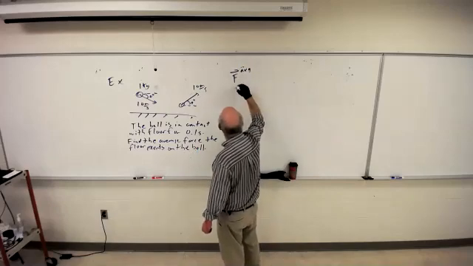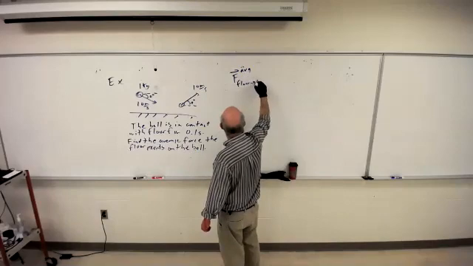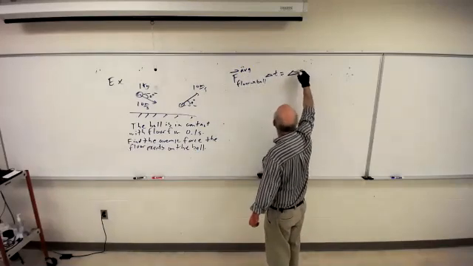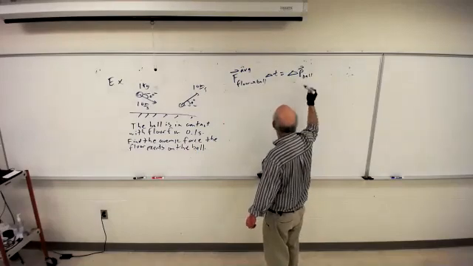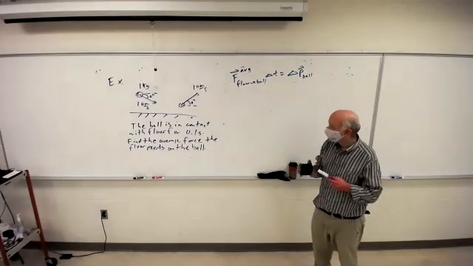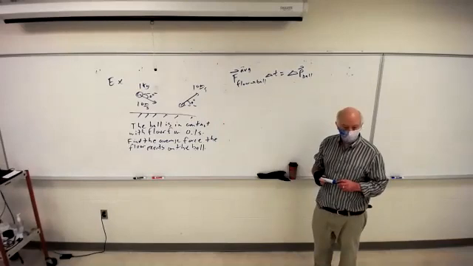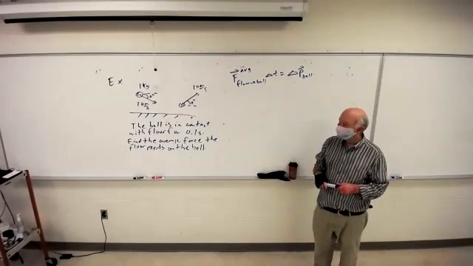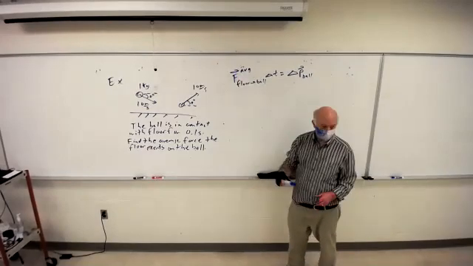Okay, so this will be the force of the floor on the ball. Delta p equals the change in the momentum of the ball. This is what kind of equation? Oh, vector equation.